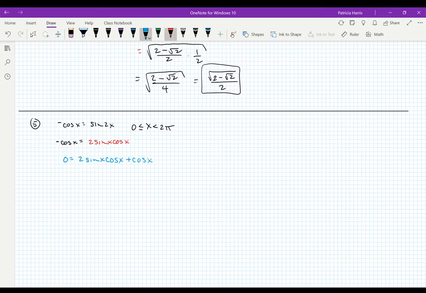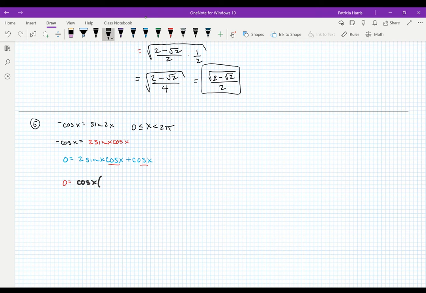Okay, now if I look really closely, you'll notice that both of them have cosines, so that means I can factor out a cosine. Now when you're factoring, you're essentially dividing. When you're factoring, what you're doing is you're telling me what you're dividing by. You say, oh, Mrs. Harris, I am dividing by cosine of x, and then you tell me the quotient.